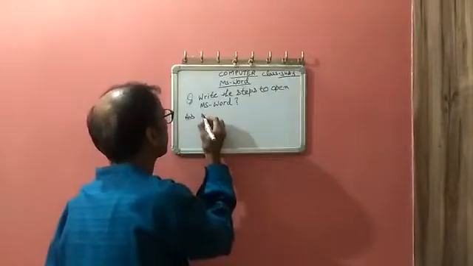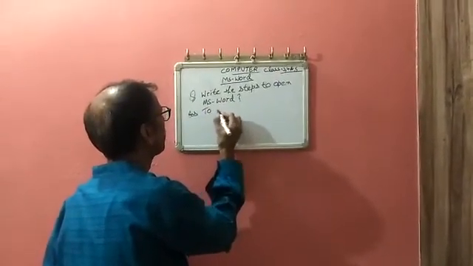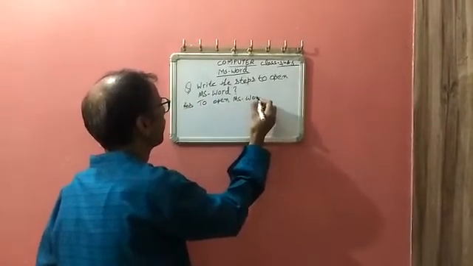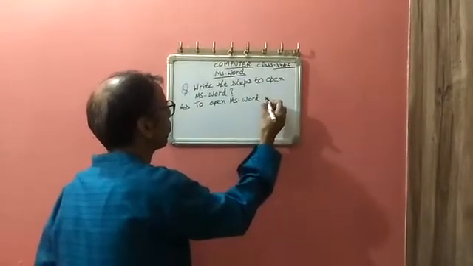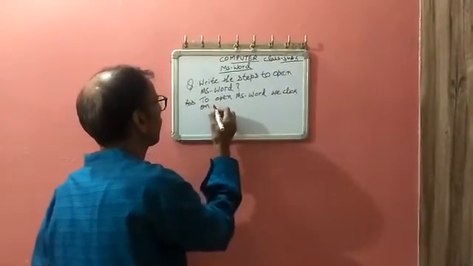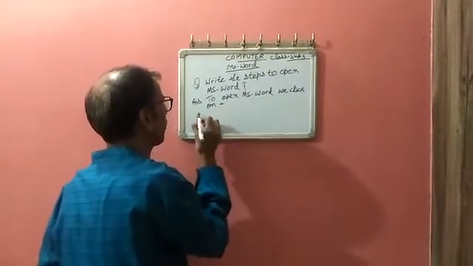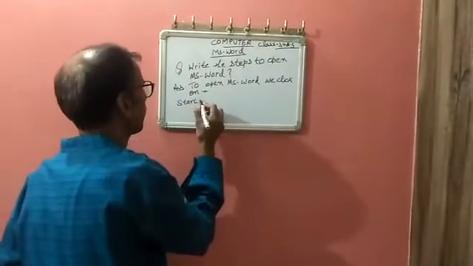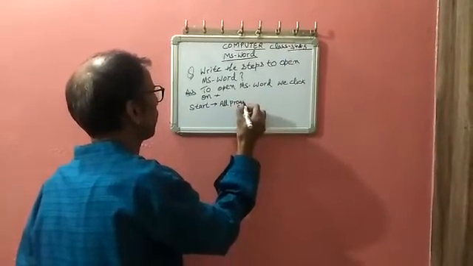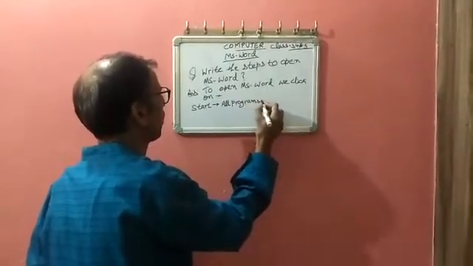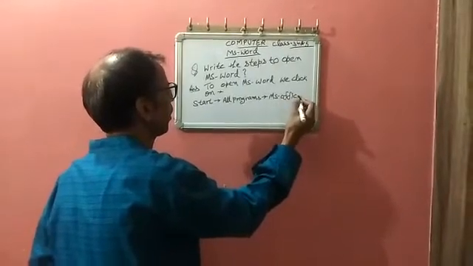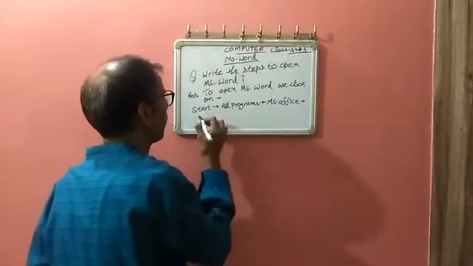To open MS Word, we click on Start, All Programs, MS Office, then MS Word.